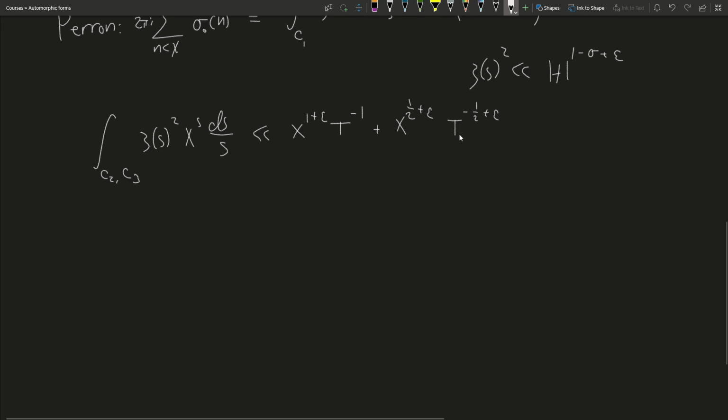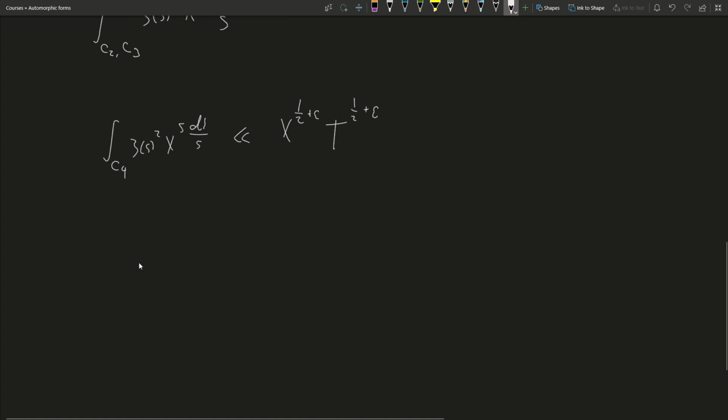Okay, now what about the integral along C4 of zeta of s squared x to the s ds over s? Well, this is going to be t to the 1/2 using the convexity bound, and it's going to be x to the 1/2. We're integrating along t. There's a 1 over t here, so we end up getting x to the 1/2 plus epsilon t to the 1/2 plus epsilon. Balancing error terms, set t equals x to the alpha.